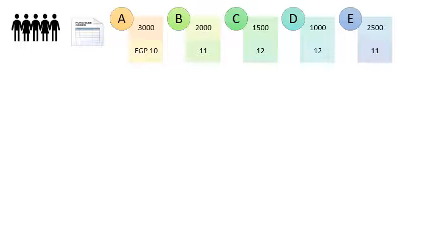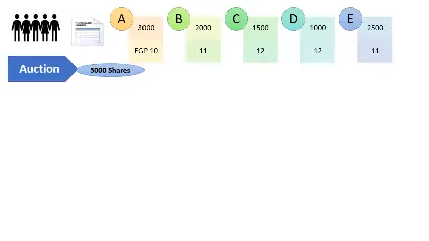In the auction mechanism, the investment bank wants to sell the 5,000 shares, and it received 5 purchase orders. So the first step is to arrange these orders descending according to the price demanded by those investors.